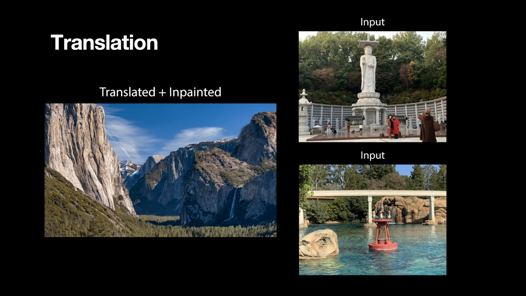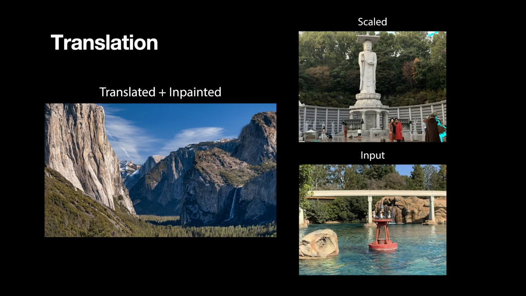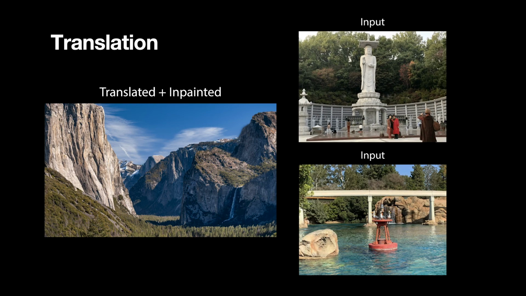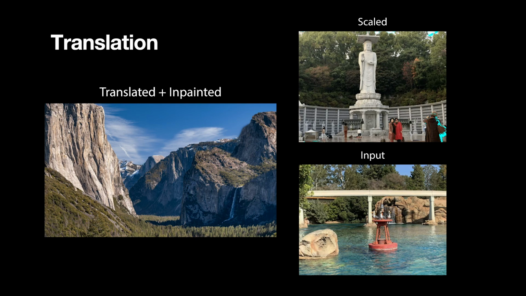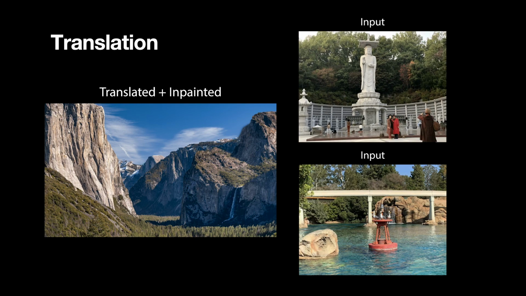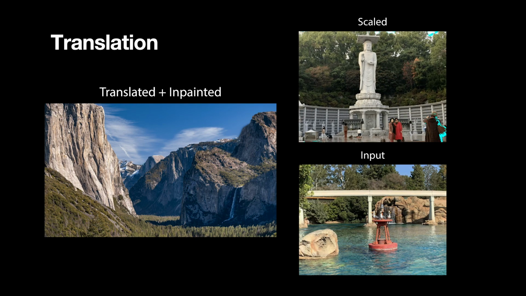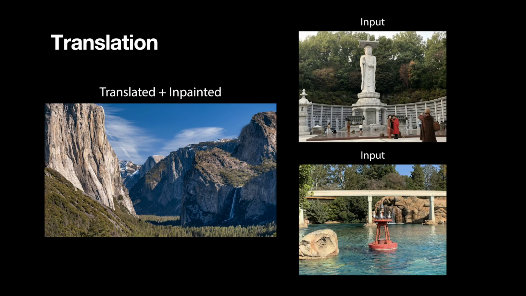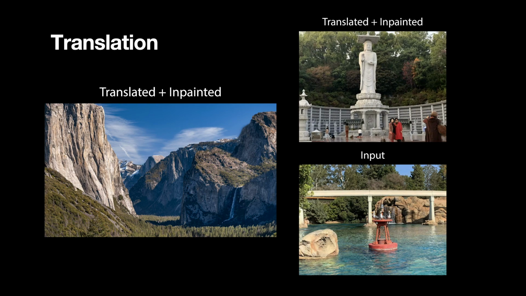On the top right, we scale up the Buddha statue and translate the tower on the left back into view. And on the bottom right, we scale up the birds on the float and translate the rock back into view.